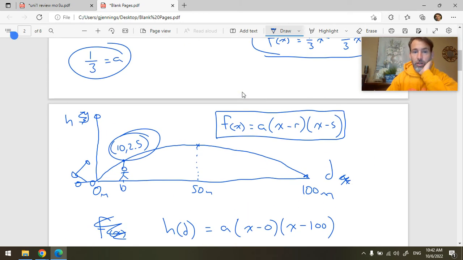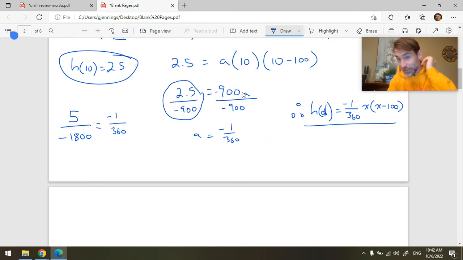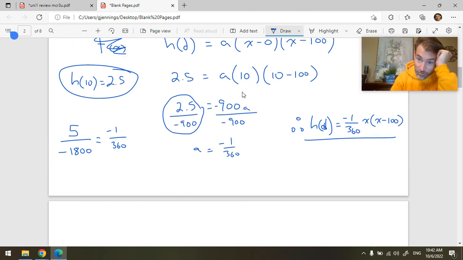Now, we also knew from our visualization that we would have the vertex at 50. So rather than convert this to standard form and then complete the square to get it into vertex form, just so I can read the maximum height, just input 50. So let's find out.